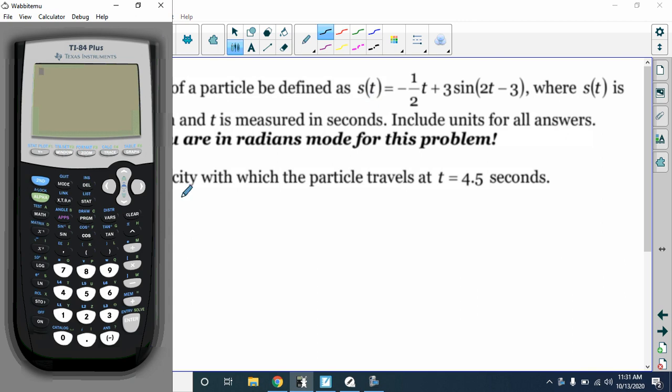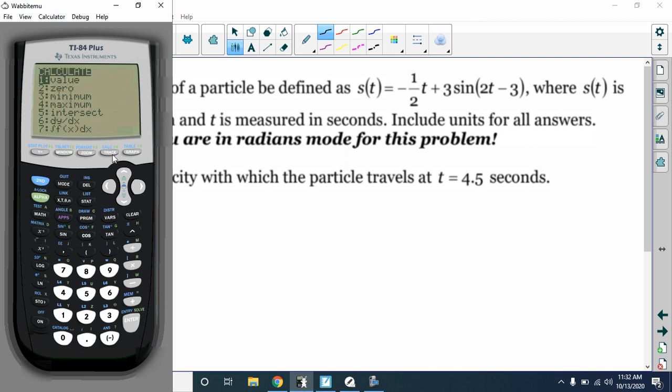So velocity is the derivative of position. So we can graph position. And then I want the derivative of this at 4.5 seconds.